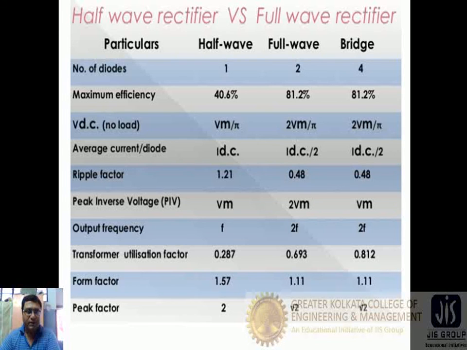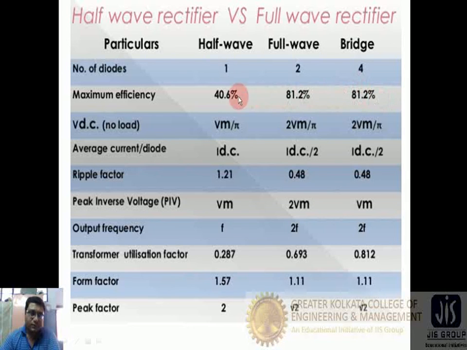In a half wave rectifier, the number of diodes required is only one, in a full wave rectifier the number of diodes is two, and for a bridge rectifier four diodes are in use. You can see the efficiency of these circuits. The half wave is almost 40%. In the case of full wave it is almost 81%, and it is the same for full wave and bridge.